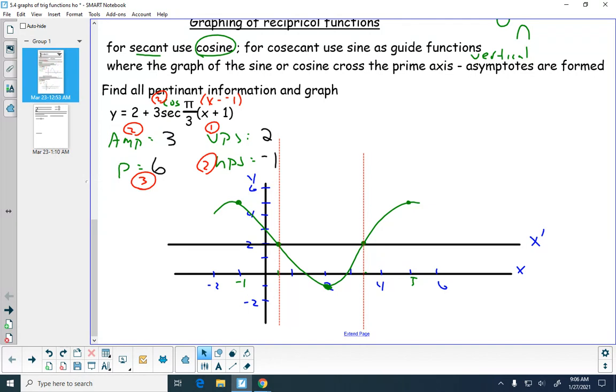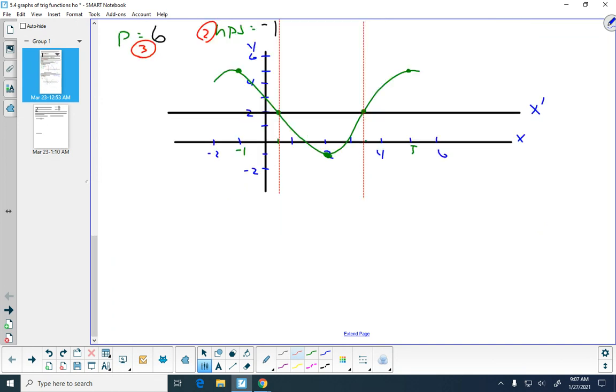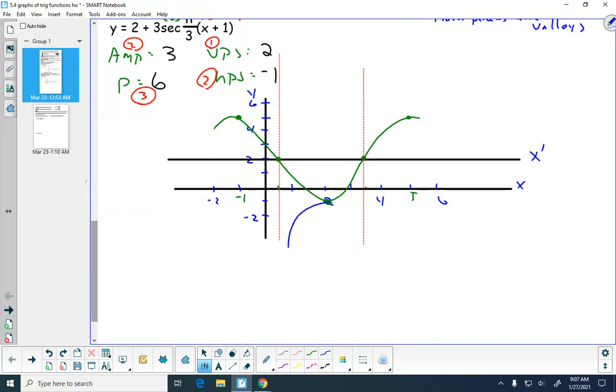And with your secant and cosecant curves, I call them asymptotic parabolas from your peaks and your valleys. So it would be asymptotic parabolas from your peaks and your valleys. So if I take a look at my one in between here, here's my asymptotic parabola.